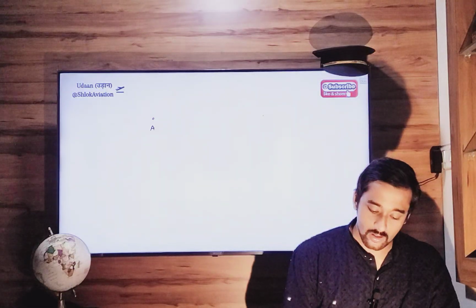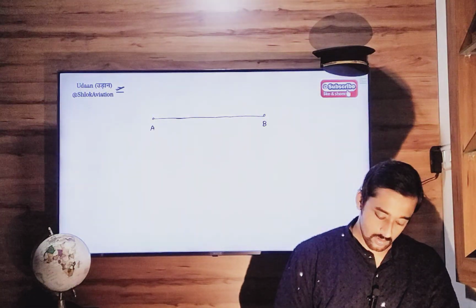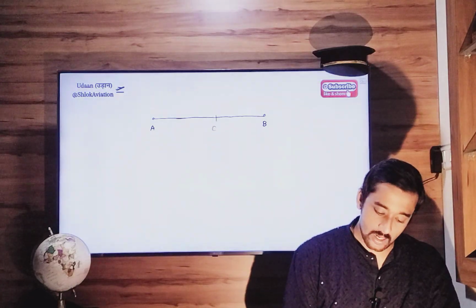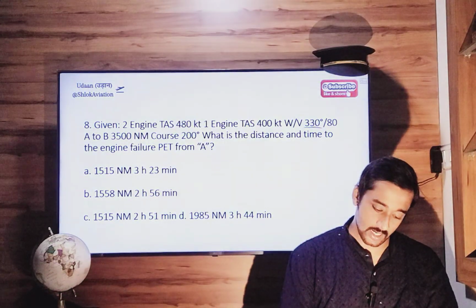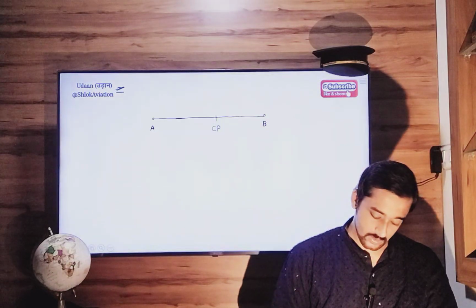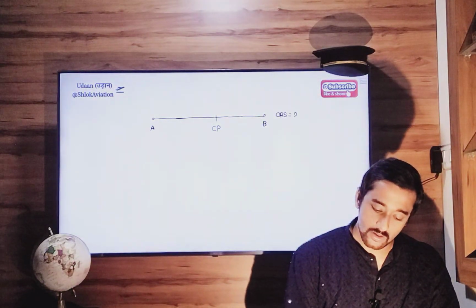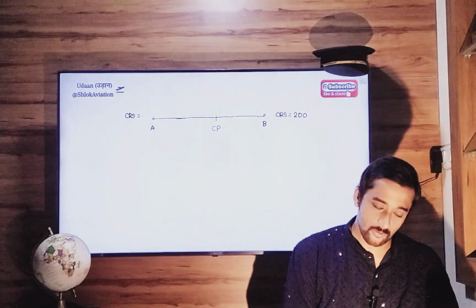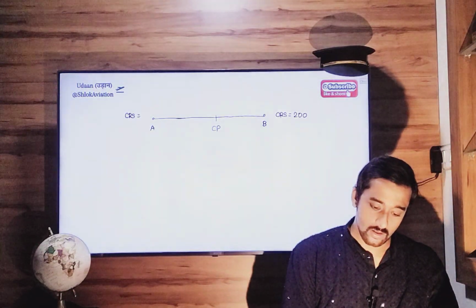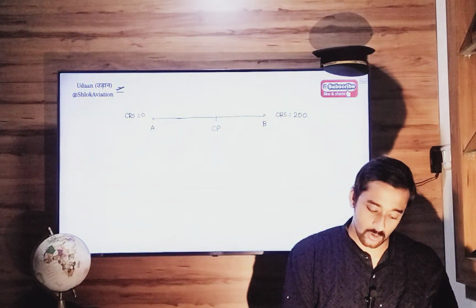Point A, point B, critical point. Winds are coming from 330 at 80, course 200. A to B course is 200, so B to A reciprocal course will be 200 minus 180, that is 020.